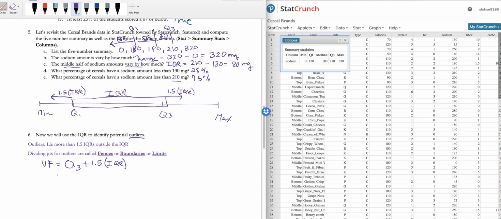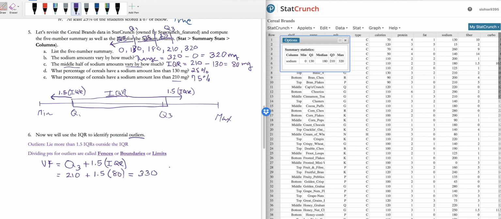So specifically in this case, we are taking 210, adding to it 1.5 times 80. Those are the values for the inner quartile range that we calculated above. That was 80, and then Q3 was 210.